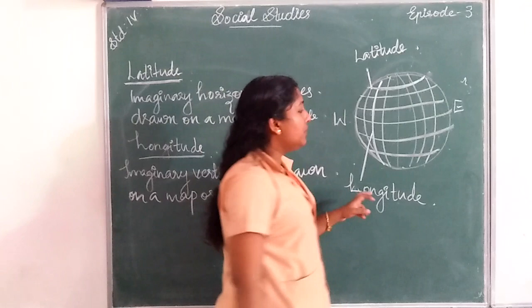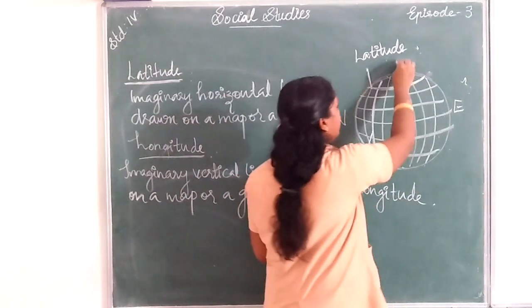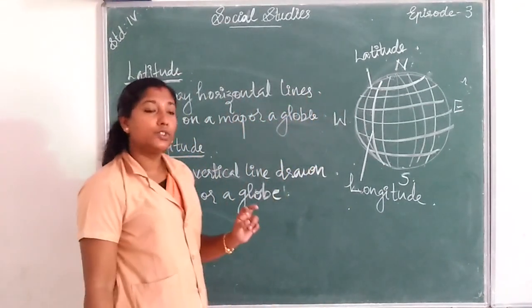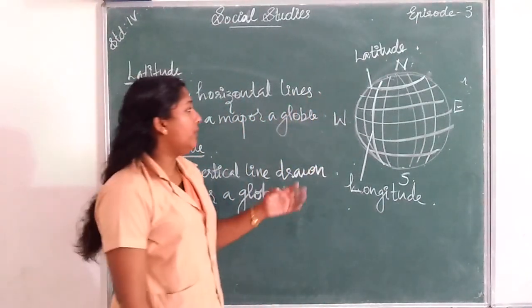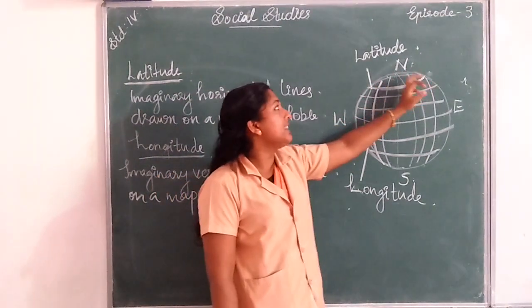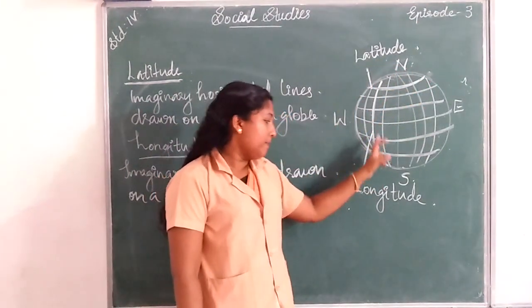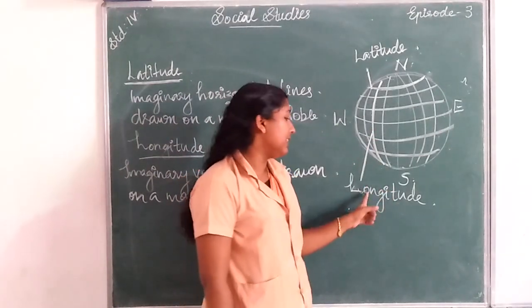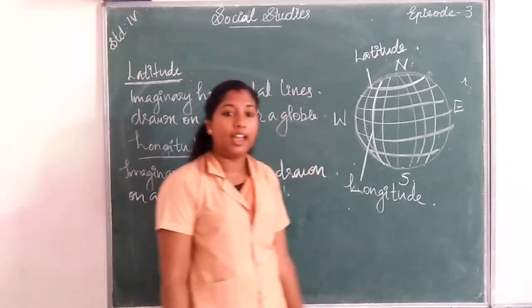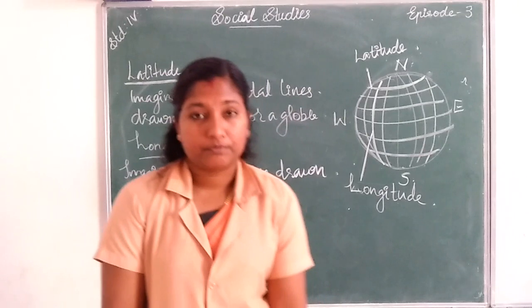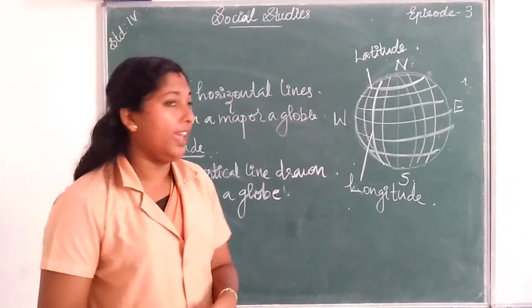Longitudes run from north to south. Okay, all of you listen here. The imaginary horizontal lines are latitudes, and the imaginary vertical lines are longitudes. Here our lesson ends.